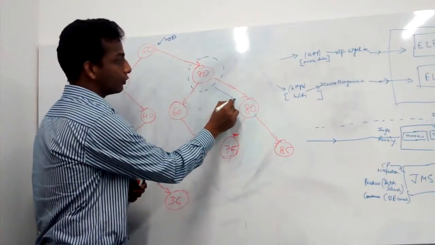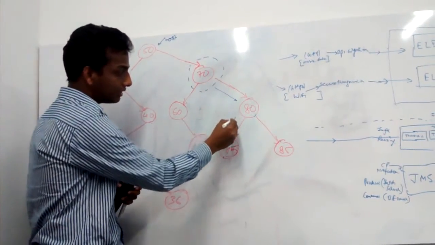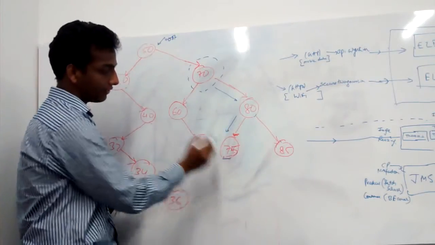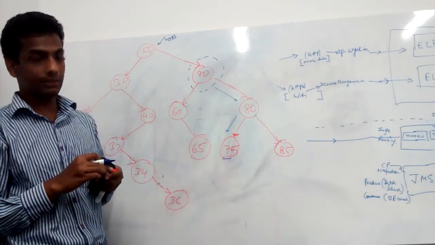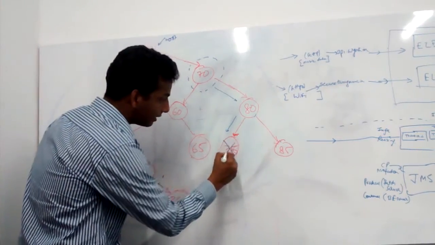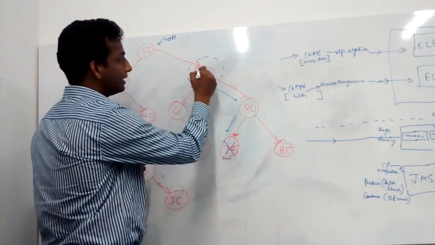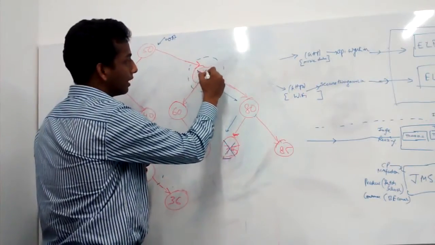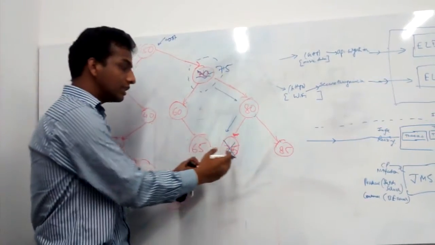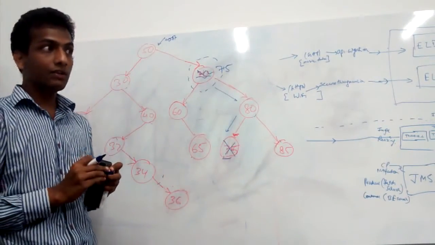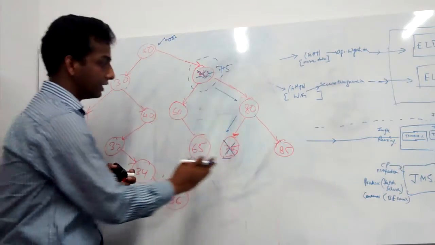So we go to 80 and then the farthest left node is 75. So 75 is the node with which we will replace 70. 75 will be removed and 70 will be replaced with 75. It was easy to remove 75 because 75 had no child.